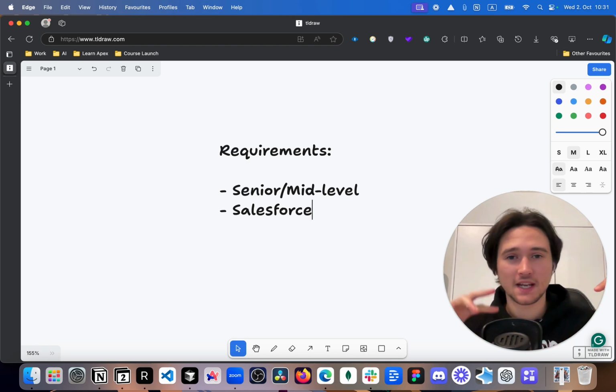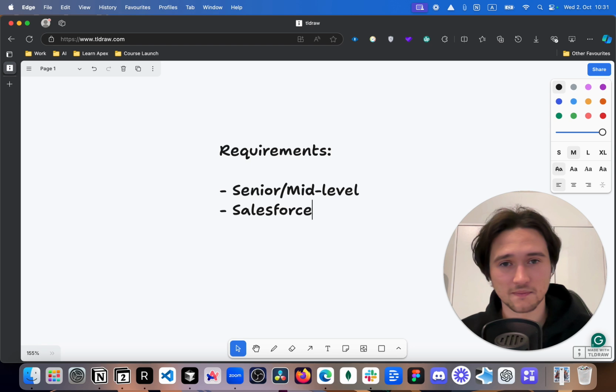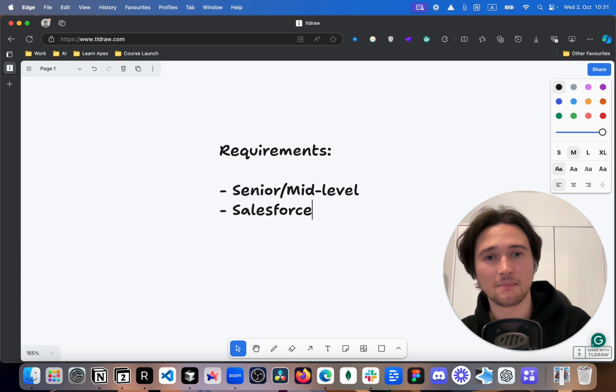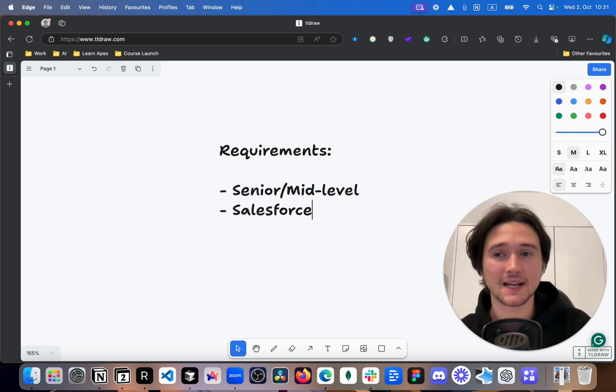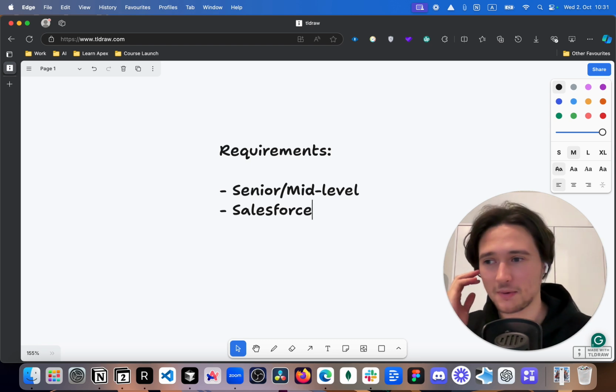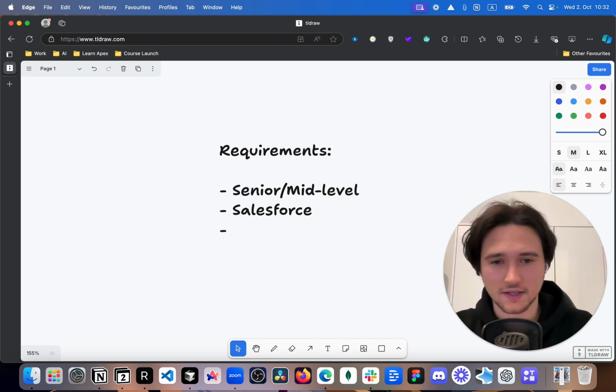In both these cases, you would need to learn a little bit of Salesforce. So for me, it was coming from the development standpoint. I was already a developer, but I did not know anything about Salesforce, and then I became a Salesforce developer by learning Salesforce and all the Apex stuff. So I assume that for 90% of people who listen to this, it's gonna be that you already know some Salesforce.